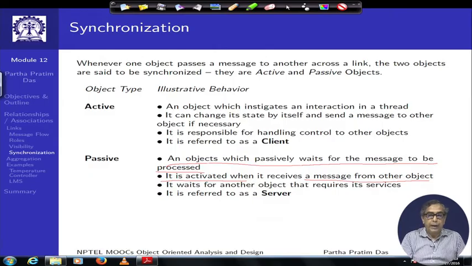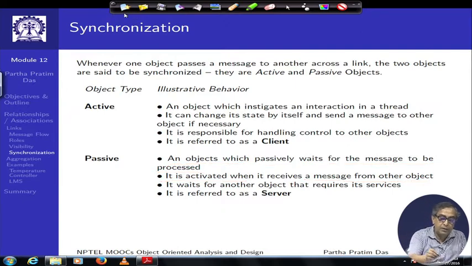Once they receive the message, they know what service needs to be provided to the client, they just provide that service, and accordingly the states of the passive objects get changed by the messages the active objects send to them. So, these are known as the server objects.